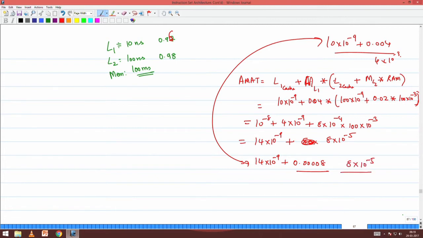If I divide this, I should divide the other way, 4 into 10 power minus 3 by 8 into 10 power minus 5. So this goes to 0.5 into 10 squared, or 5 into 10, 50 times faster.